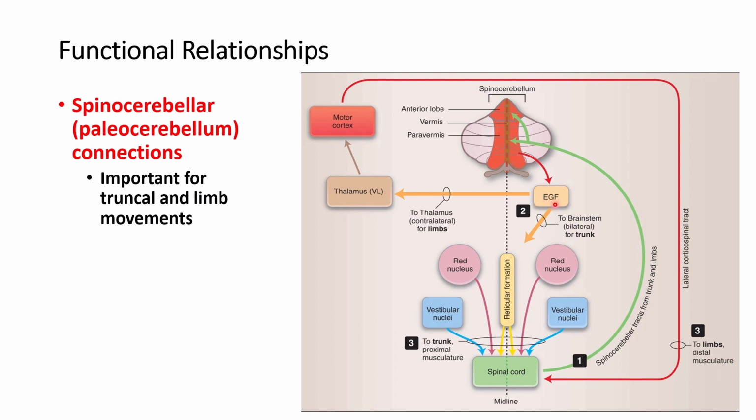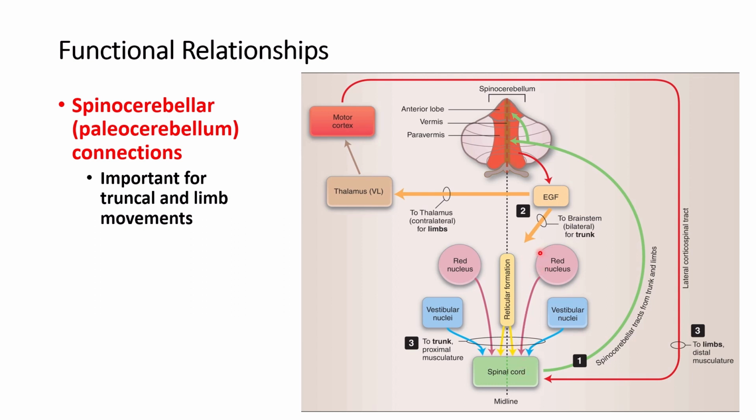That information goes to the EGF, and then from the EGF it goes to three different areas. One is going to the red nucleus of the midbrain, and from the red nucleus, bilaterally, it comes down and makes the rubrospinal tract.